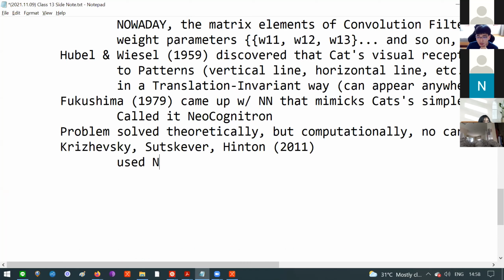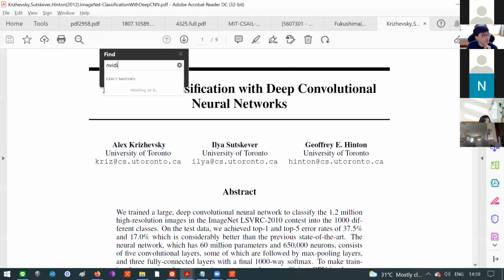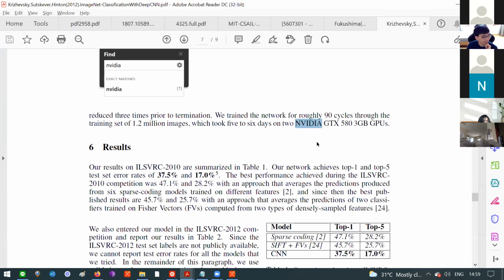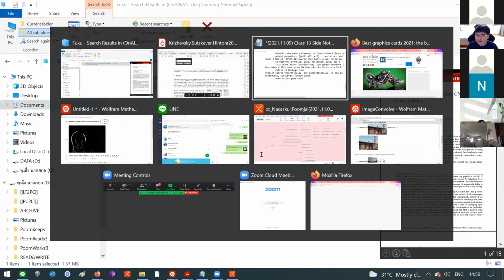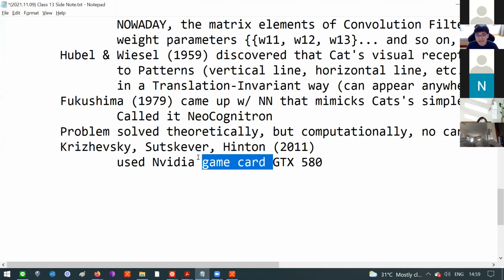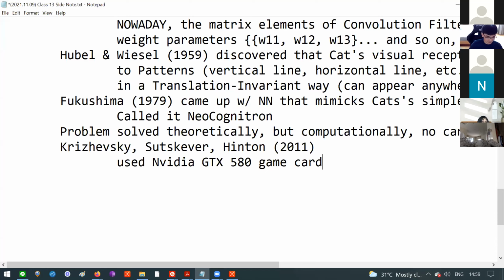Used an NVIDIA game card. Just for fun, let's find what the game card is. NVIDIA GTX 580. Now, this is ancient by today's standard. I don't know if you guys play any video games, but you wouldn't be able to play any games right now with this because it's so old. But they used this thing to solve image recognition.